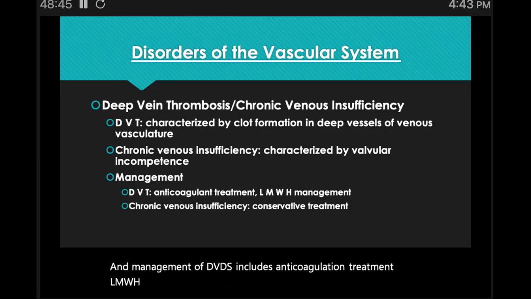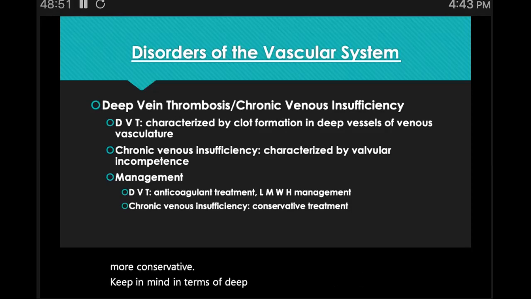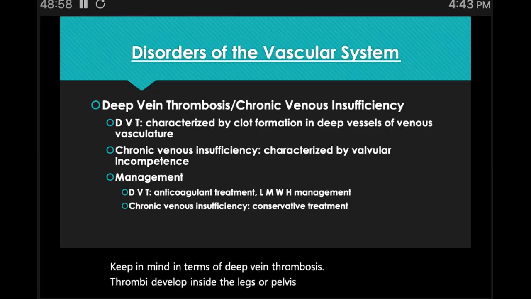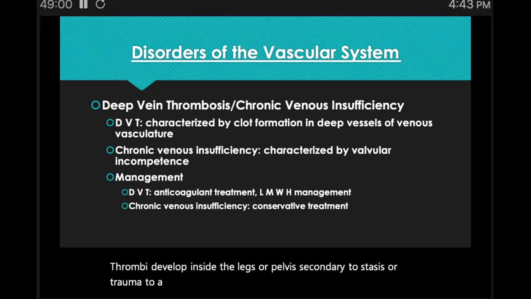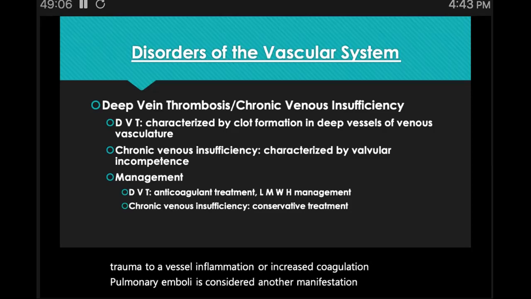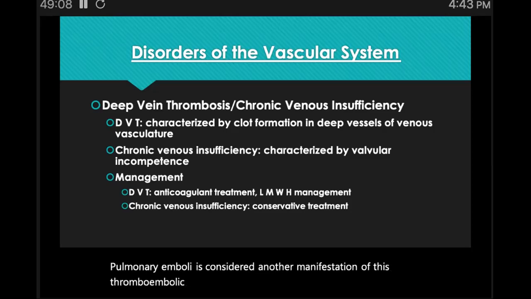For chronic venous insufficiency, it's a little more conservative. Keep in mind, in terms of deep vein thrombosis, thrombi develop inside the legs or pelvis secondary to stasis or trauma to a vessel, inflammation, or increased coagulation. Pulmonary emboli are considered another manifestation of this thromboembolic disorder, deep vein thrombosis.